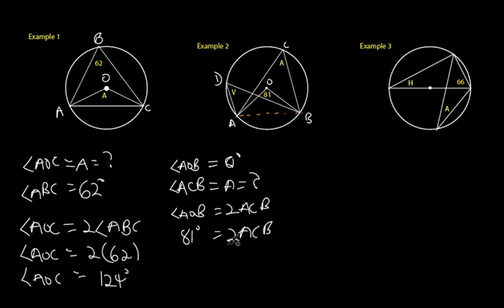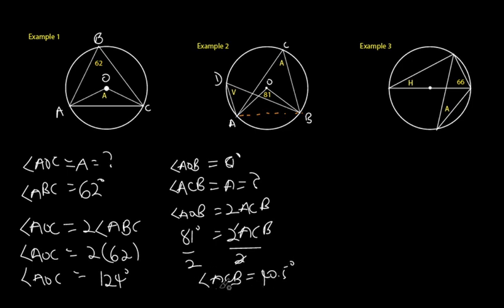So all we have to do is divide by 2. So we now have angle ACB is equal to 81 divided by 2. Let me punch that quickly. We have 40.5 degrees.